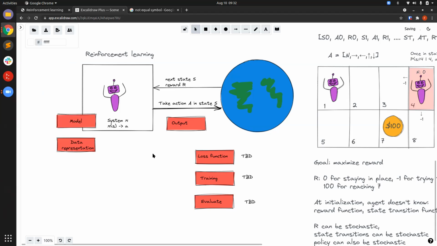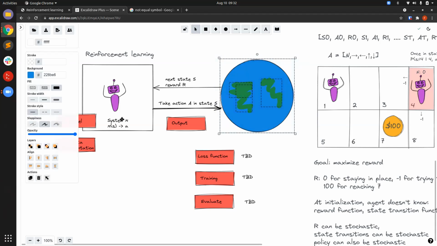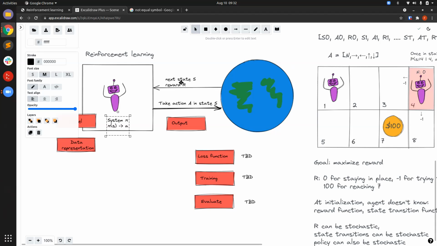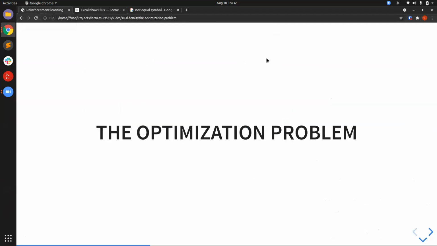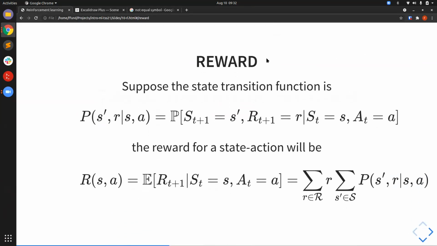Okay. And the variety of things we might want to learn could include the model of the world, it could include the policy pi, or it could include the value function. So let's try and formalize some of these. Okay. So we know that we get some reward for taking some action in each state. And we know that all of this can be stochastic, right?